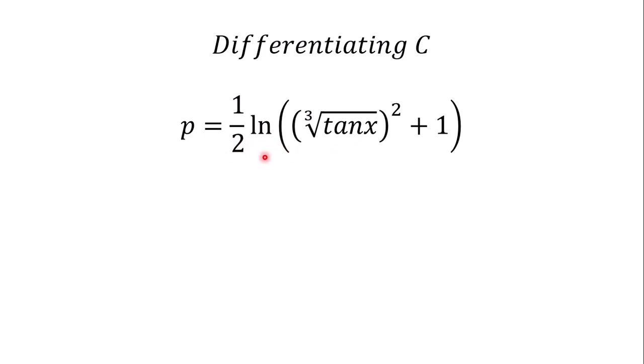We differentiate that, and then we multiply the derivative of P over that variable, and also multiply by the derivative of that variable over dx, and then you get the derivative of the whole of this.